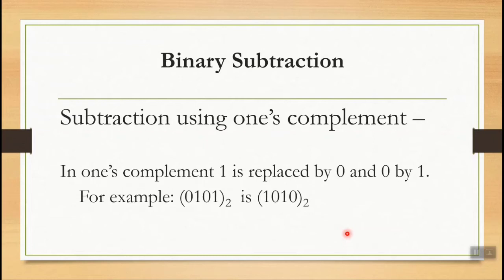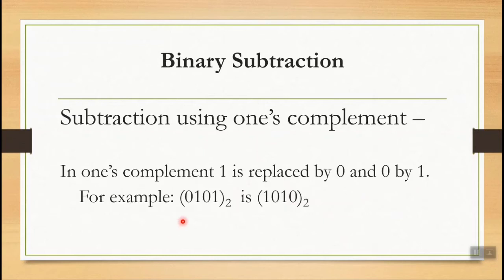How will you do it? That we will see in the binary subtraction system. Before that, we should know the one's complement. Any binary number is converted to its one's complement by replacing 0 by 1 and 1 by 0.